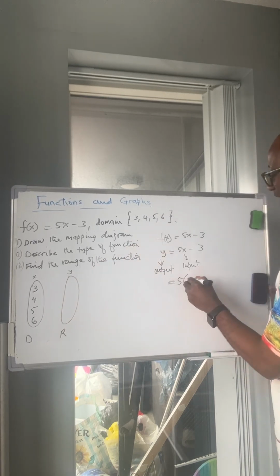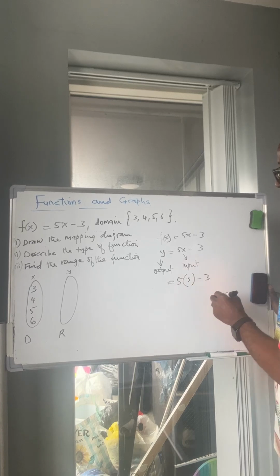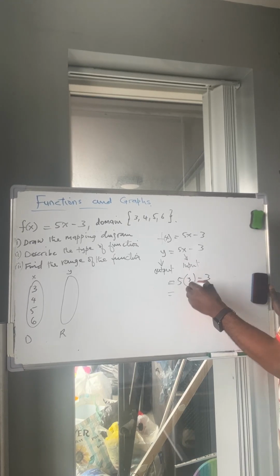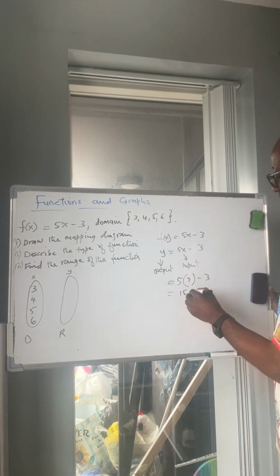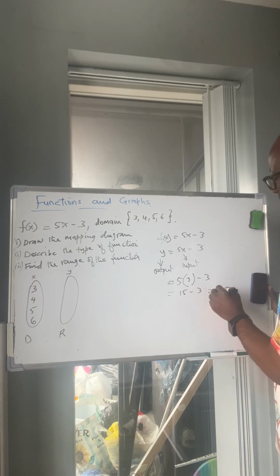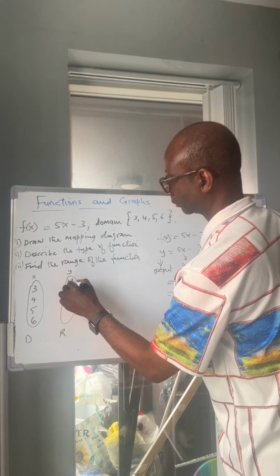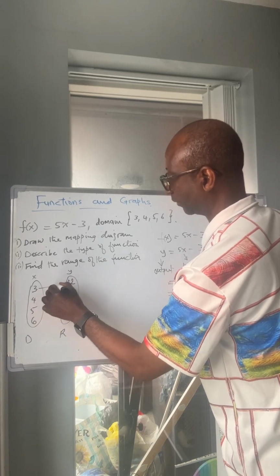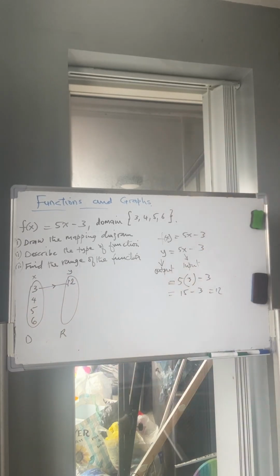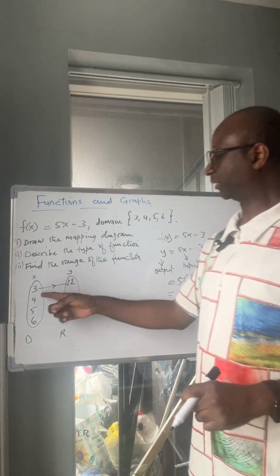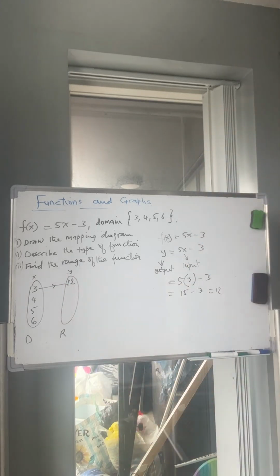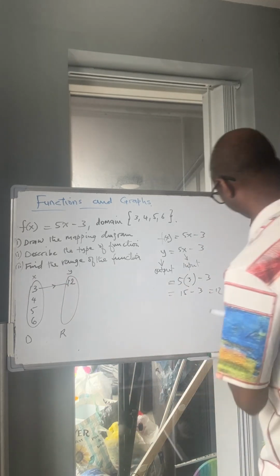We start with 3 first: 5 times 3 minus 3. This gives us 15 minus 3, which is 12. When the domain is 3, the codomain is 12. So 3 is mapped to 12.